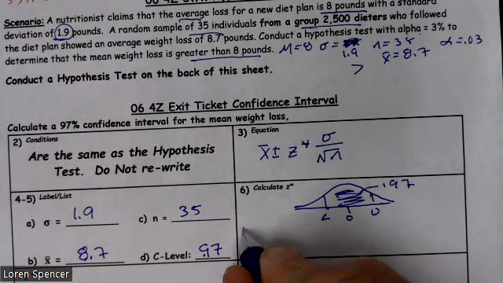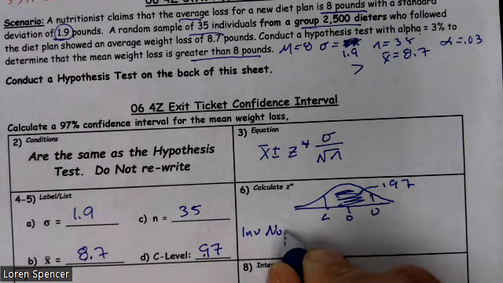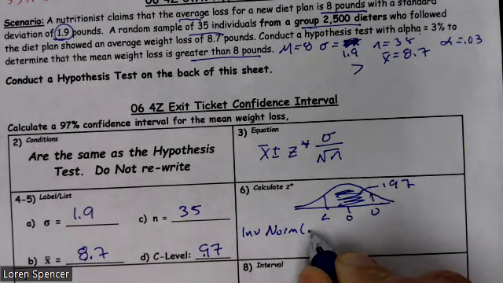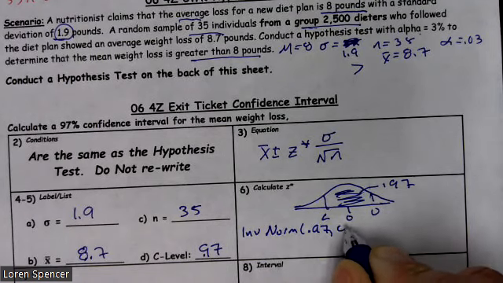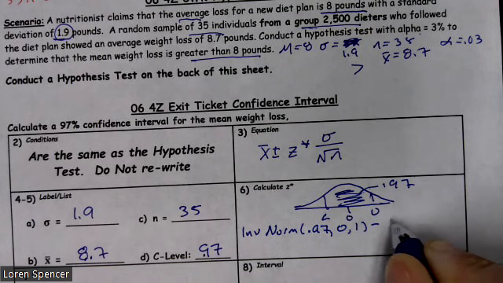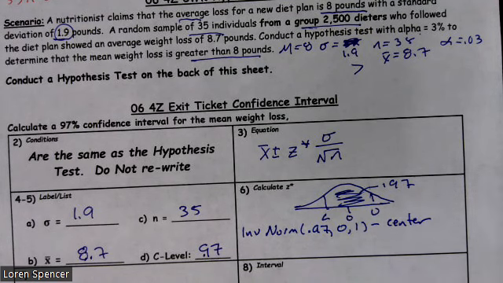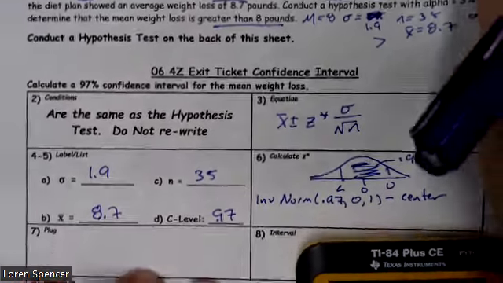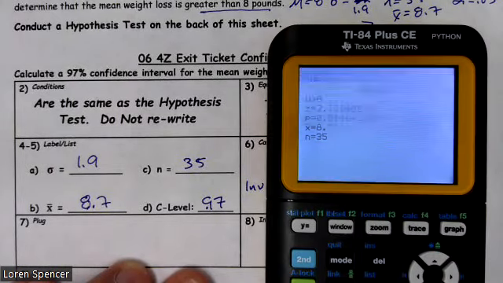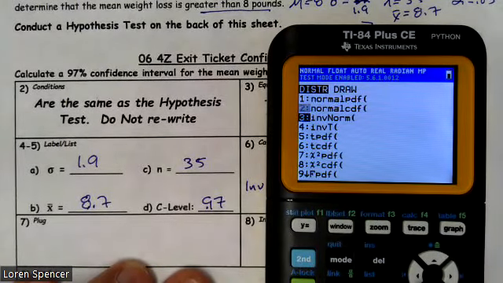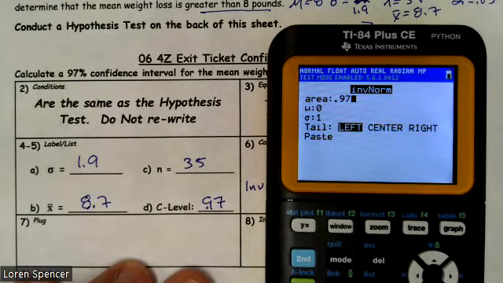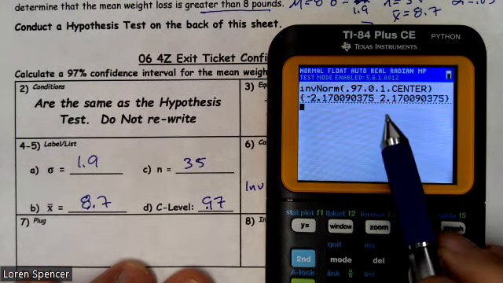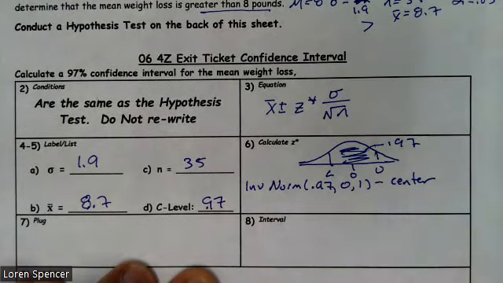And this will be an inverse norm, 0.97, 0, 1, because all z scores have a mean of 0 and a standard deviation of 1. So let's go ahead and run that. Second vars, inverse norm, 0.97, mean is 0, standard deviation of 1, and press enter. And we end up getting 2.1700.